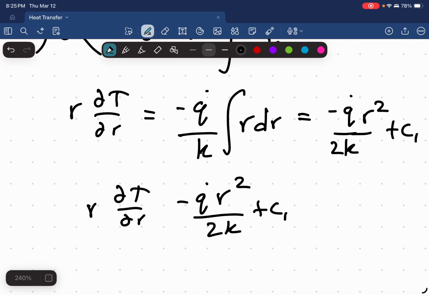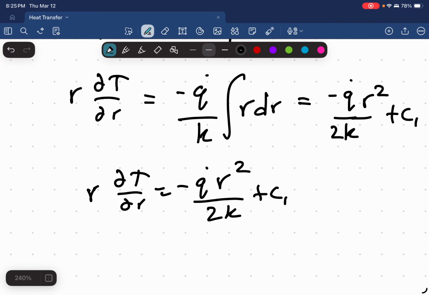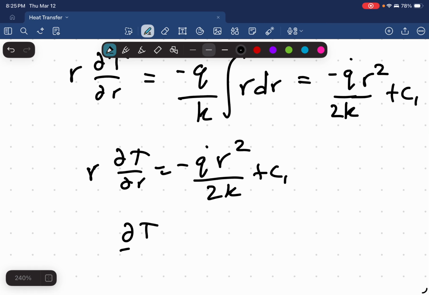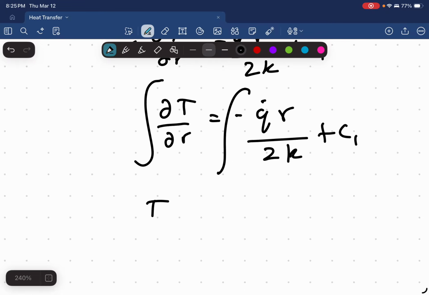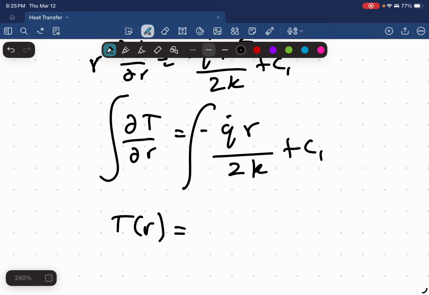So let's do that. Now we have this, and next we'll just do an integral one more time, and that gives us a T of r equation.